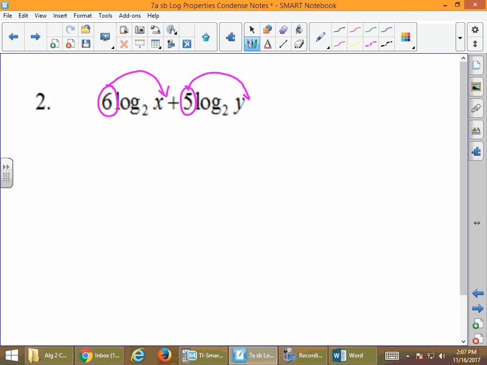So we're going to write both of these, the 6 and the 5, as exponents. So our first step here: log base 2 of x to the 6th, the coefficient became an exponent, plus log base 2 of y to the 5th.